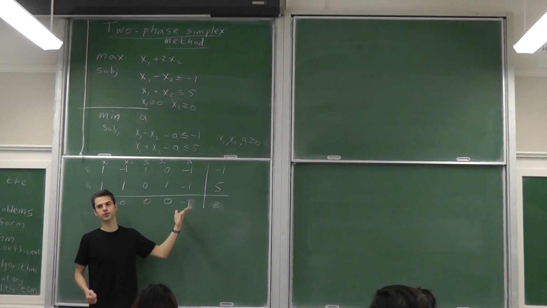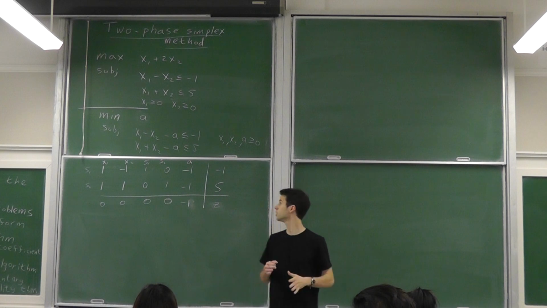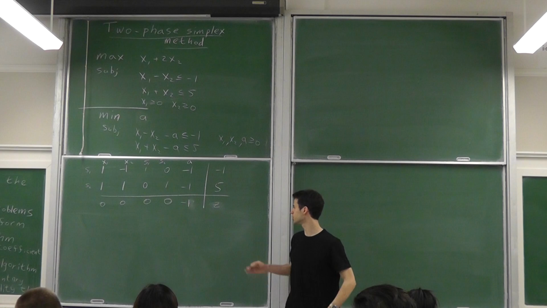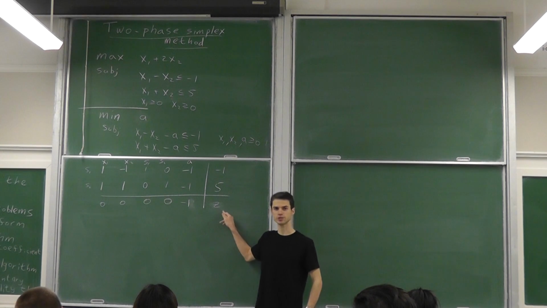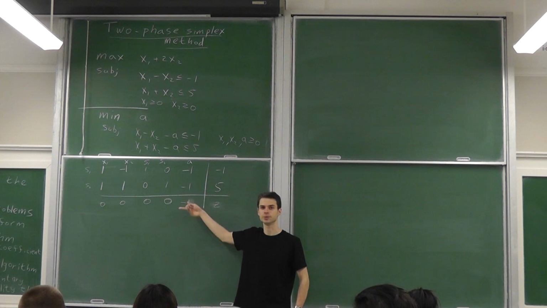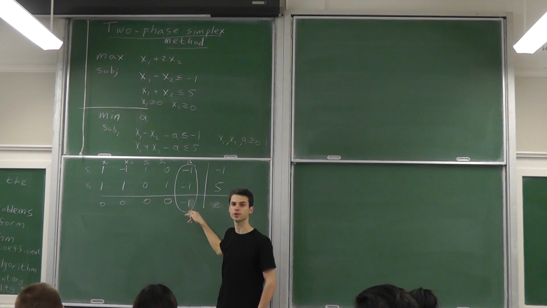The first step of the two-phase simplex algorithm is never about trying to increase the objective function. It's about making the initial problem feasible. So it's always about the artificial parameter entering this column of minus ones.